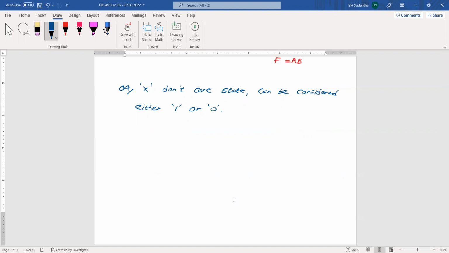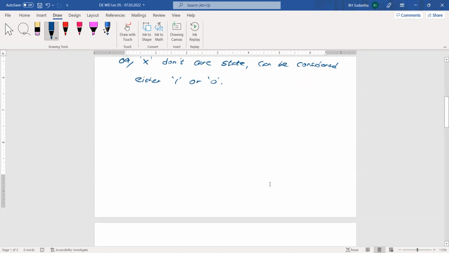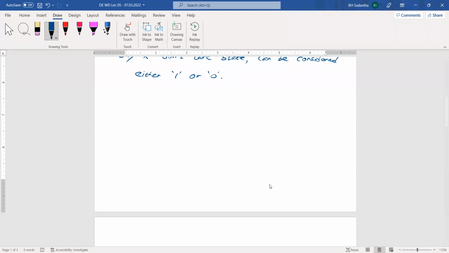Then what is this don't care state? For example, assume that you want to find the water level of a water tank. Assume that you have a water tank like this, and we have fixed 3 sensors there to check the water level.